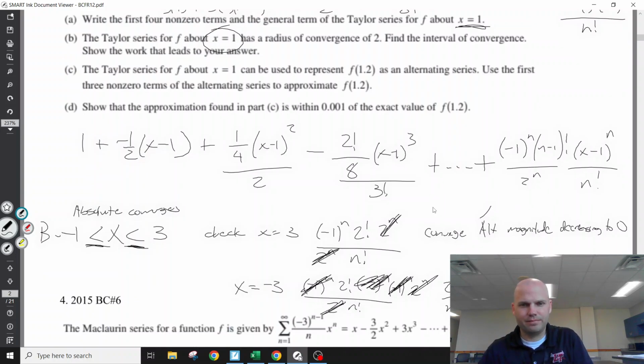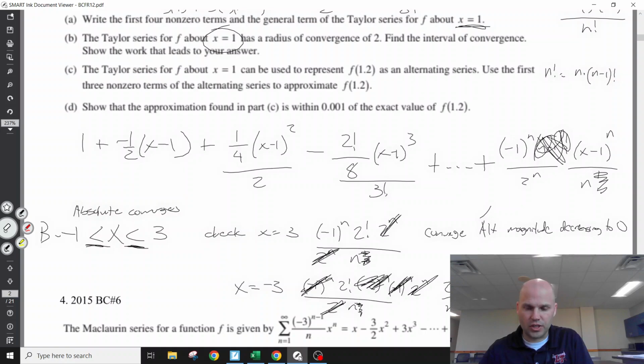Yeah, my bad. It just disappeared on me. n factorial is equal to n times n minus 1 factorial. So this cancels with this and just leaves you with n. So this should just be n, and this is n, and that actually makes it easier.